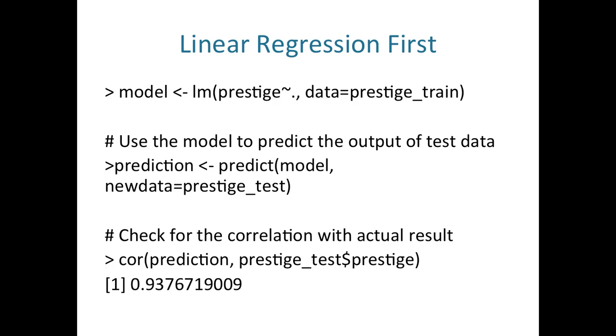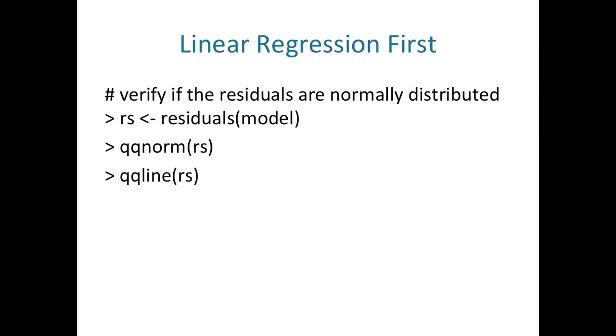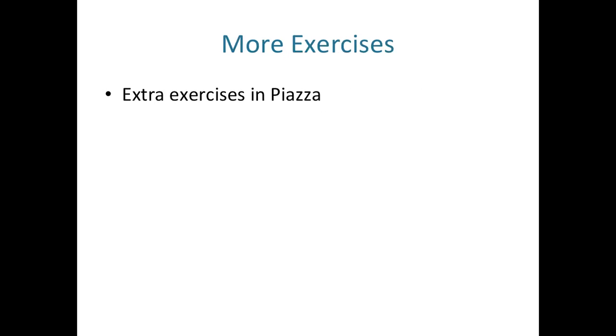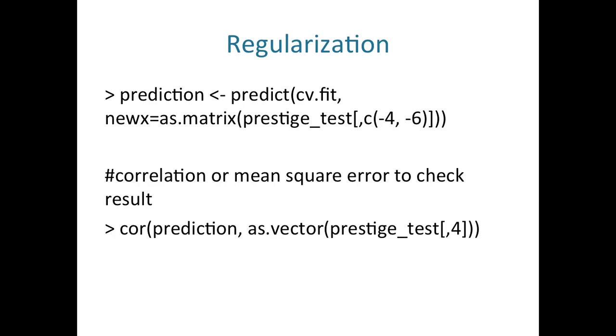Okay? If we take a look at the previous correlation where we did not have any type of regularization, the correlation between the two values was 0.937, whereas now we are getting a correlation of 0.92.